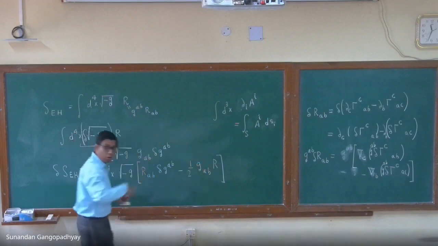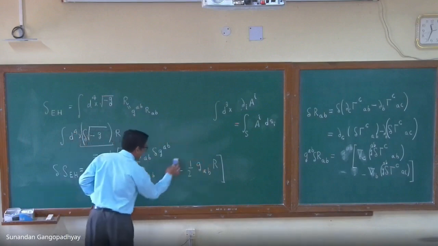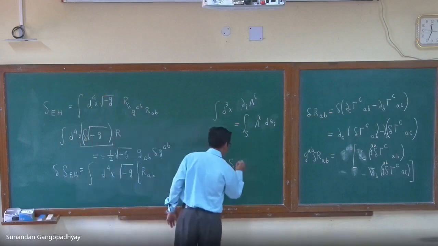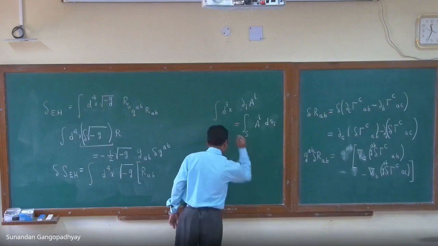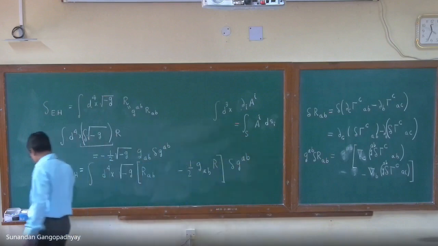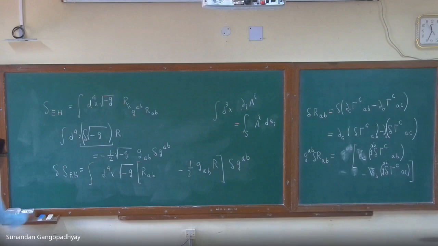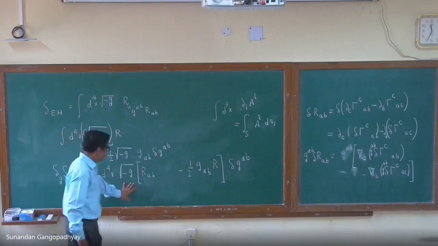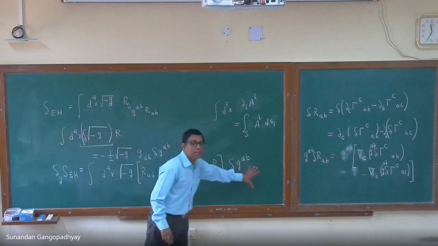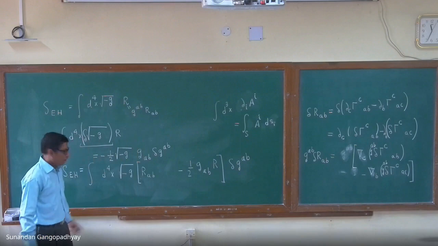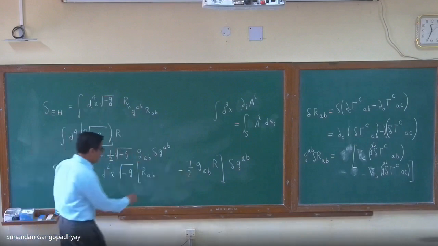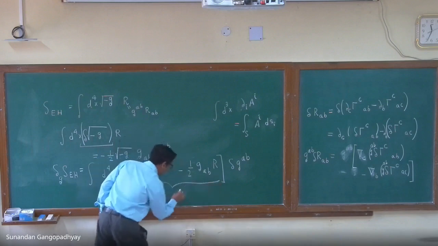So you can take delta g^ab common. The final result is that delta of the Einstein-Hilbert action is d⁴x square root of minus g, of this thing, delta g^ab. What is this thing? Capital G_ab, which is the Einstein tensor.